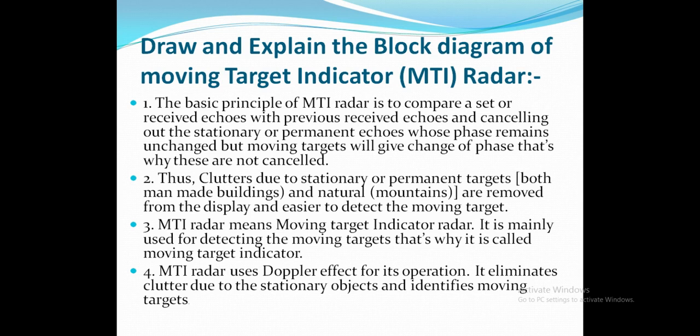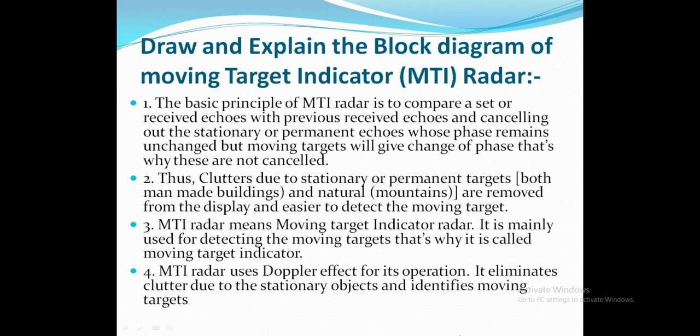The drawback of CW radar is addressed here: MTI radar is used to determine the moving target velocity and to distinguish moving targets from stationary targets. This improved system is called MTI radar.